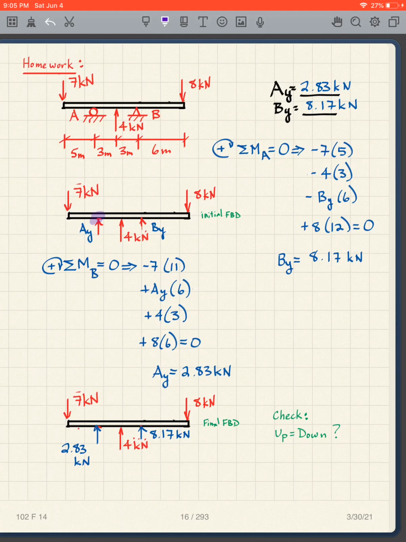This one is counterclockwise, so it's negative. This one, counterclockwise, so it's negative. This one, clockwise, so it's positive. I then simply use algebra, true to my numbers, 8.17.